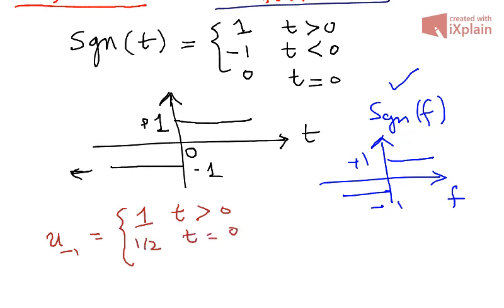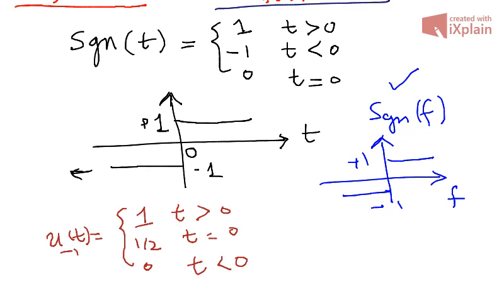We define this unit step function, u of t, right? U sub minus 1 of t, and it's 0 for t less than 0. This is the definition of our unit step function.